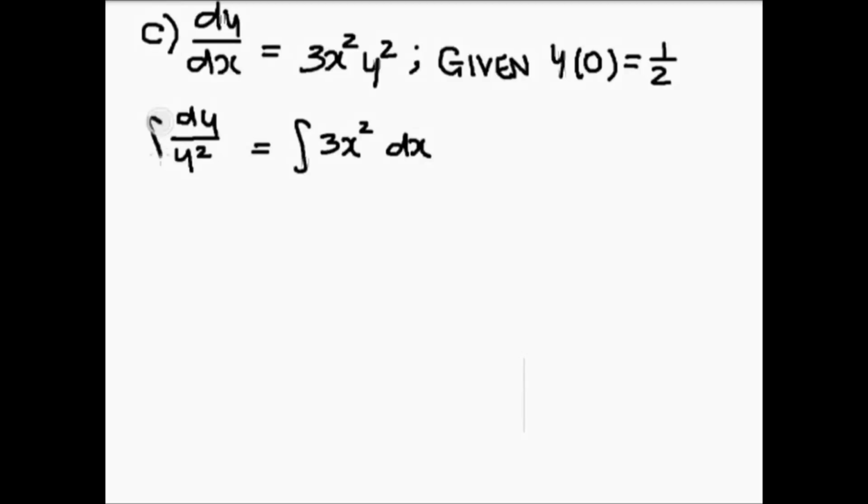You have to integrate both of them now. In order to do integration, you must have power. So in this case, we can shift the y squared upwards, which will give you a new equation, which is y to the power of negative 2 dy equals 3x squared dx.